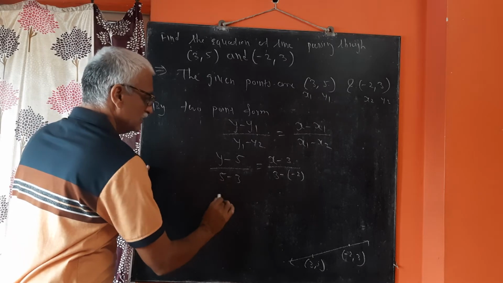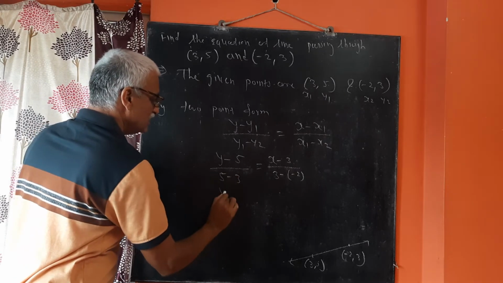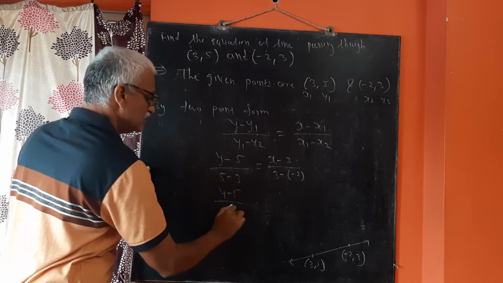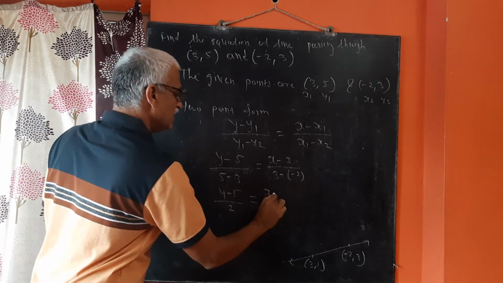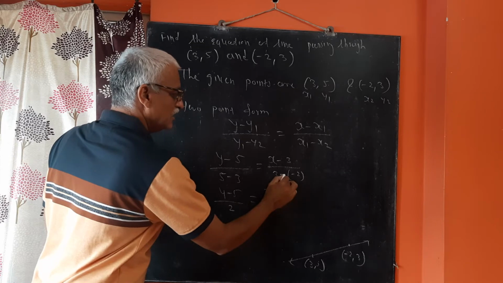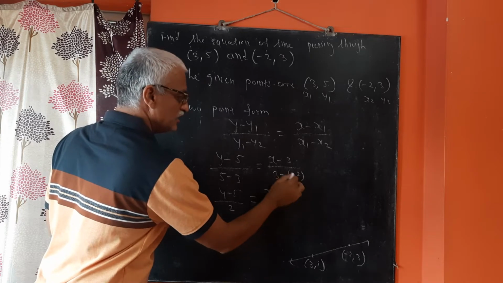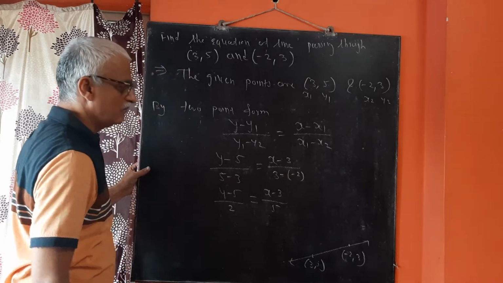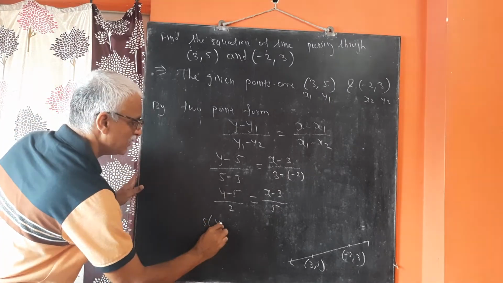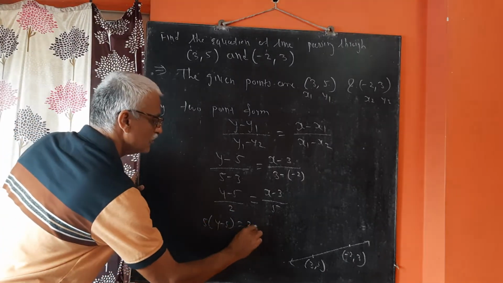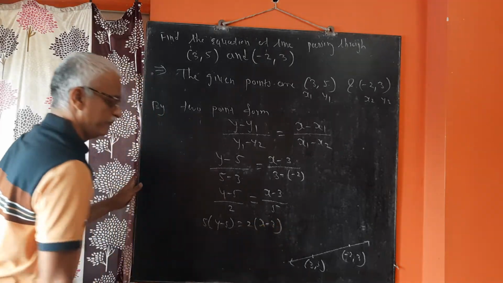Simplifying it, we get (y − 5)/(5 − 3), that means 2, equals (x − 3)/(3 − (−2)), that means 3 + 2, which equals 5. Now cross multiply, we get 5 into (y − 5) equals 2 into (x − 3).